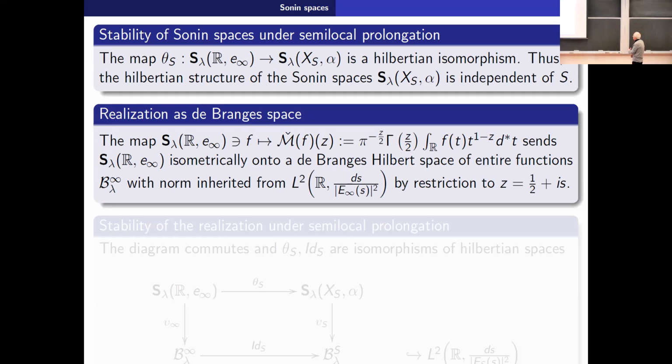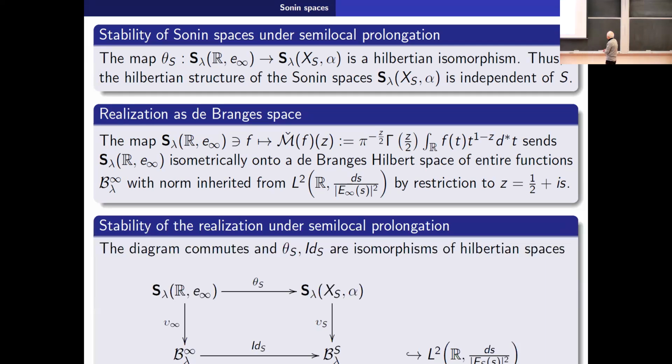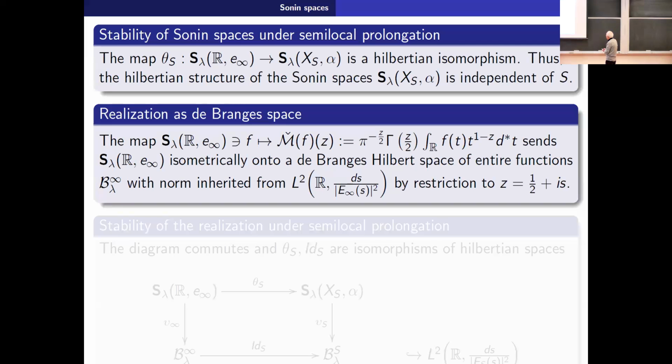Okay, so the Sonin spaces defined as before in the Archimedean place are realized as Sonin spaces in the de Branges book by de Branges himself. I mean, he wrote this transformation. It's a sort of Mellin transform amended by this gamma factor, which takes isometrically the Sonin space defined before on the real line onto a Hilbert space of entire functions, which satisfies the three axioms of being a de Branges space.